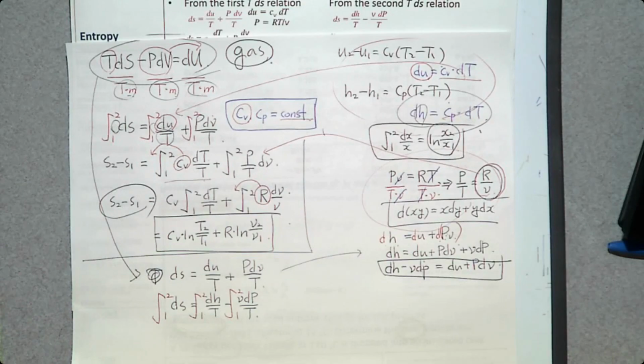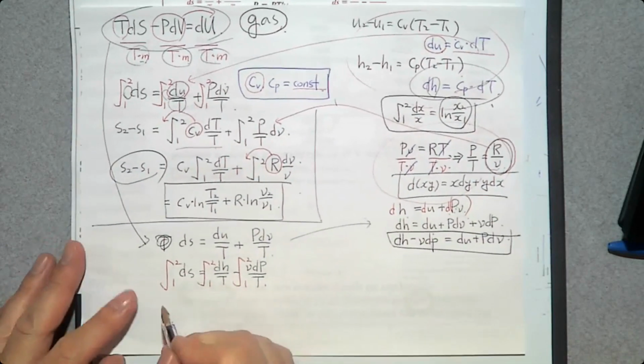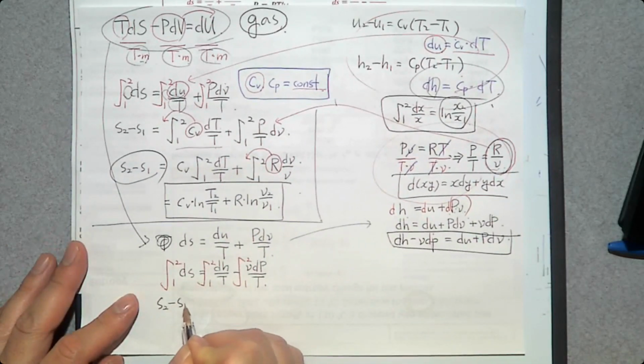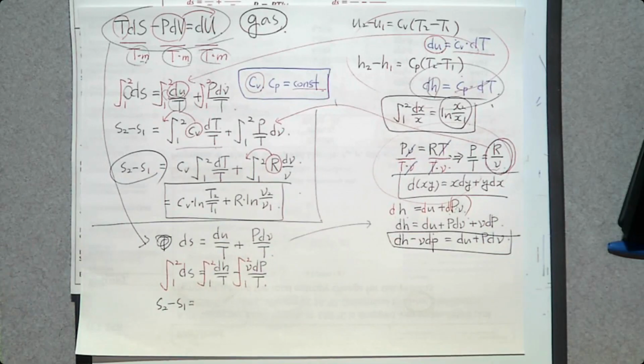Okay, what is the integration of ds? Simple, S2 minus S1. No problem. S2 minus S1 is, can you integrate dH over T? We can't. So, can we replace this dH? Yes, because dH is CpdT.